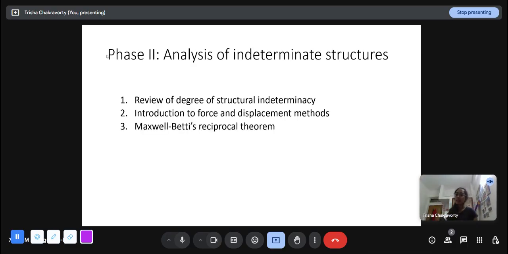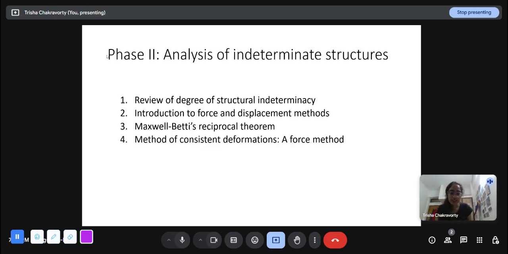Force and displacement methods, Maxwell-Betti's reciprocal theorem, method of consistent deformation, which is a force method that is applied to beams, trusses, and frames in weeks 7, 8, and 9.